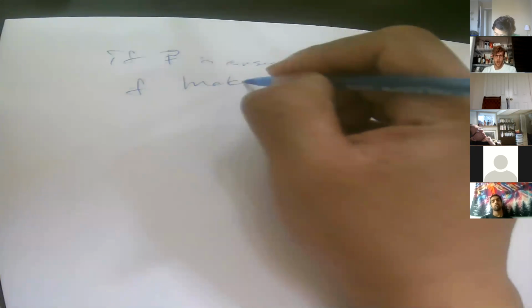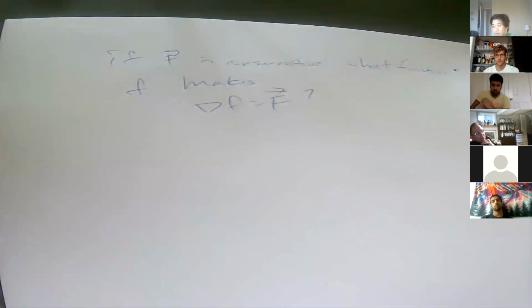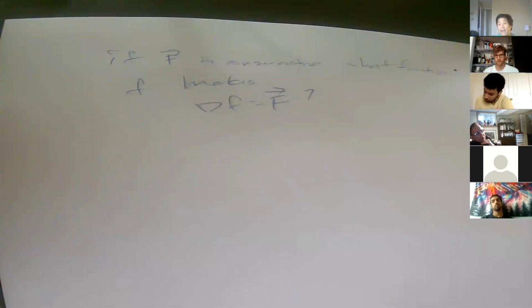Right? If F is conservative, what function f makes the gradient of f equal to F? So now the question is, how do I find f, right?